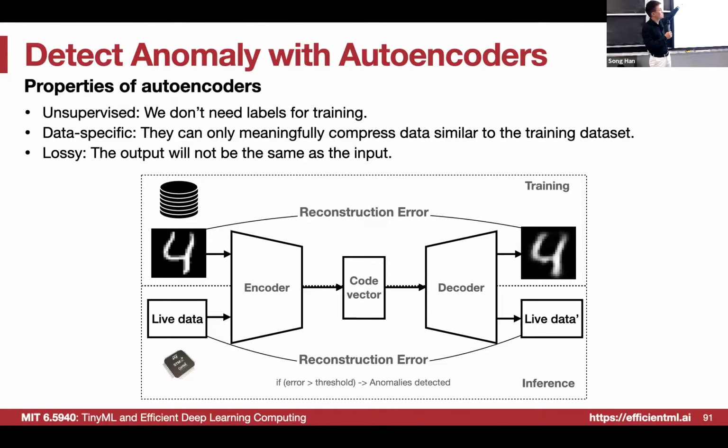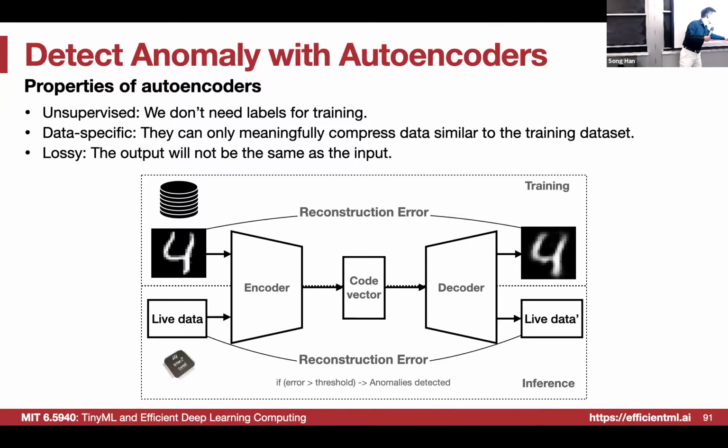But it's data specific, right? It can meaningfully compress a subset of data, a specific domain of data, like images, for example, digits versus other kinds of images. They are completely different. They might be able to only encode a certain domain of data. That may be lossy, so the output and the input cannot be exactly the same. Even the normal data might have some reconstruction error.